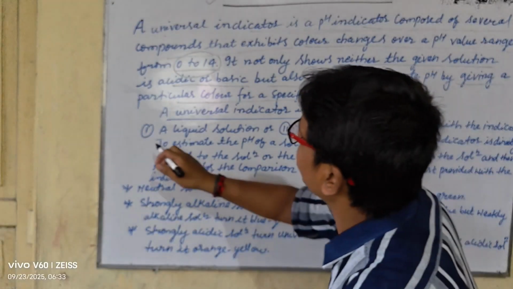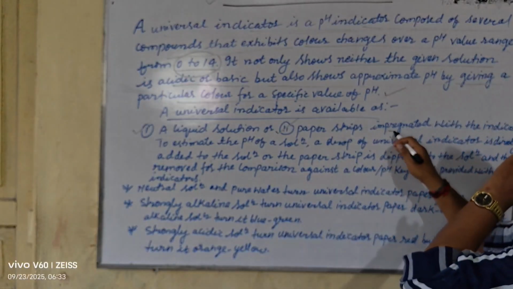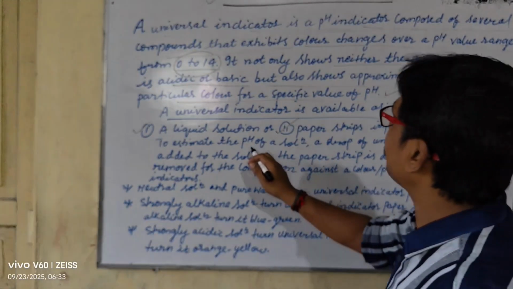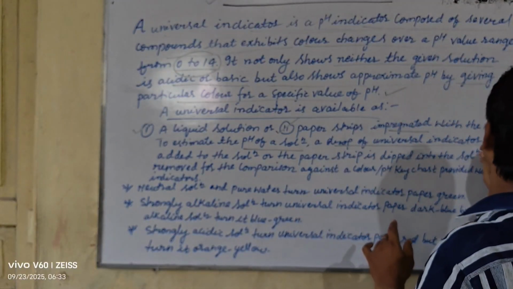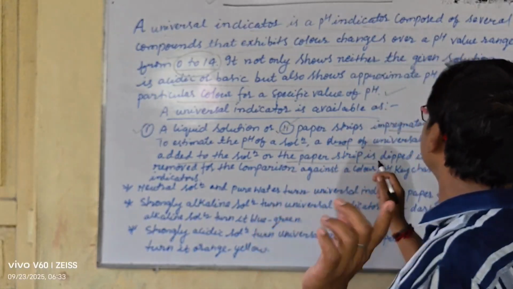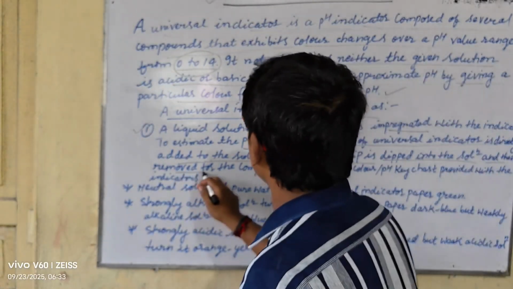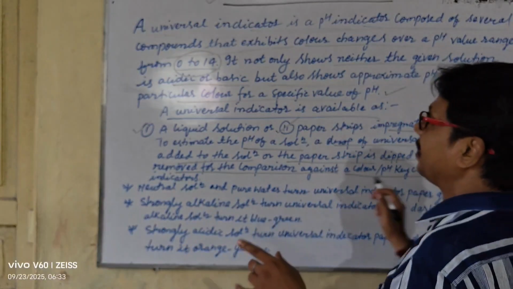A universal indicator may be in the form of a liquid or a paper impregnated, meaning made with the indicator. To estimate the pH of a solution, a drop of universal indicator is directly added to the solution, or the paper strip is dipped into the solution and then removed for comparison against a color chart as provided with the indicator.